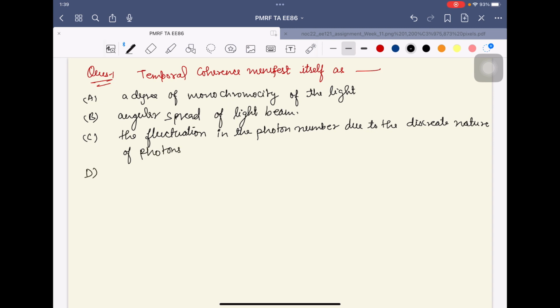Similarly, the D option is the spectral width of light. And option E is the photon energy of the light beam.